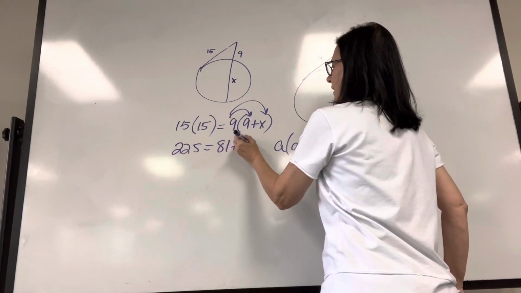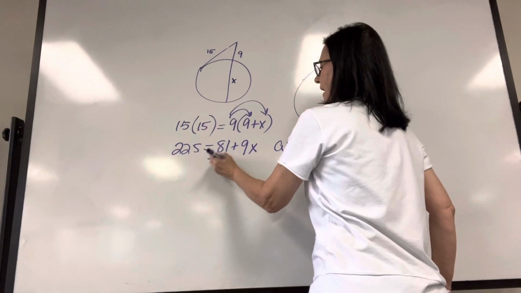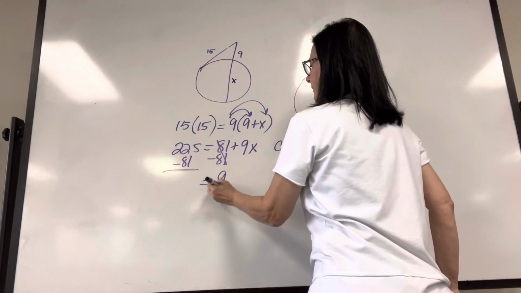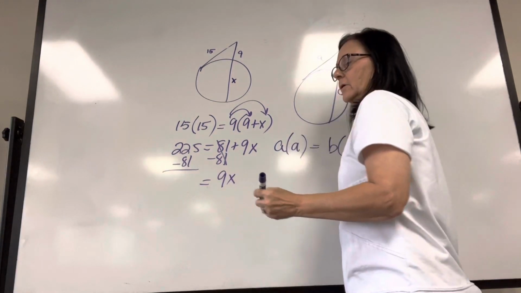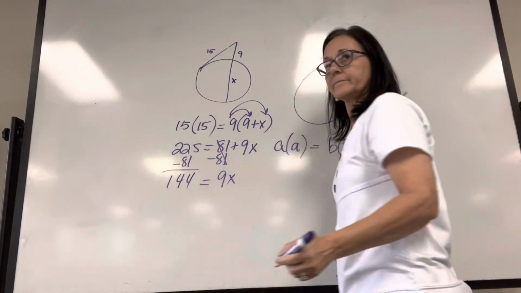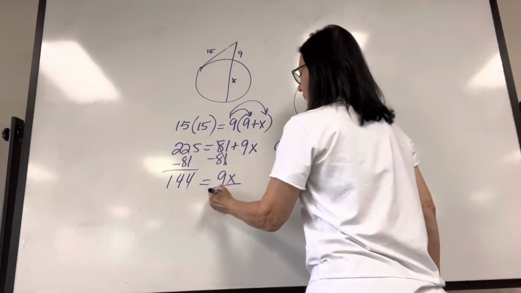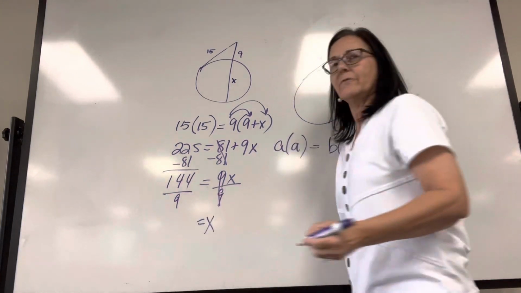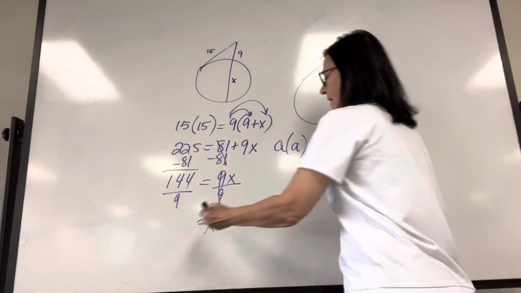That's 81 plus 9x. Subtract the 81. What's 225 minus 81? Is that 144? What's 144 divided by 9? 16. So x is 16.